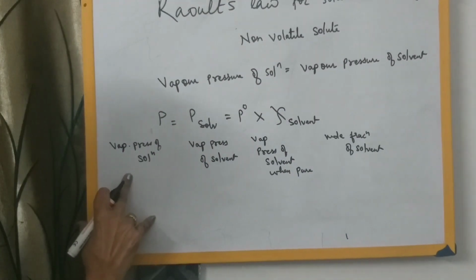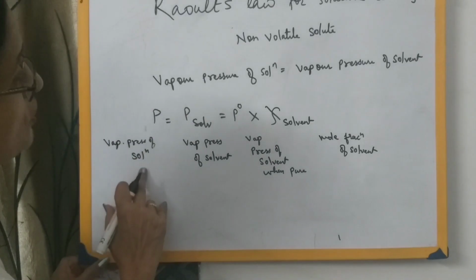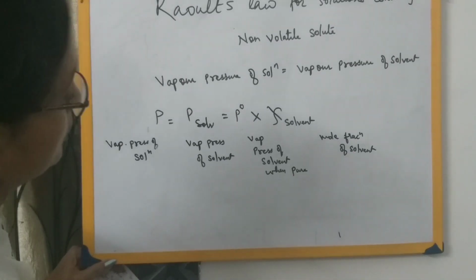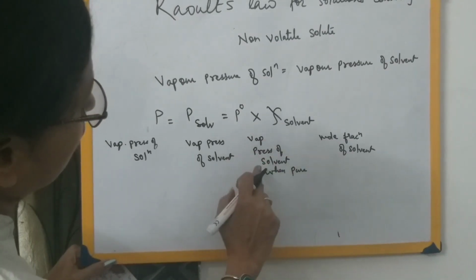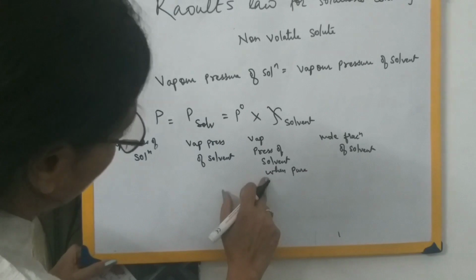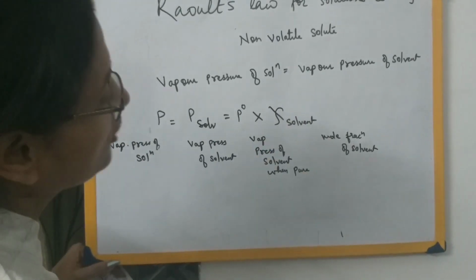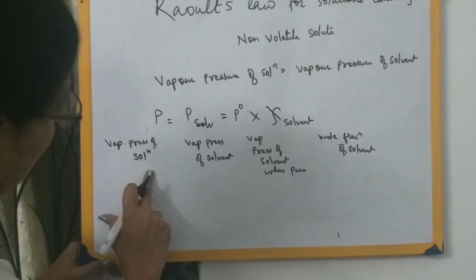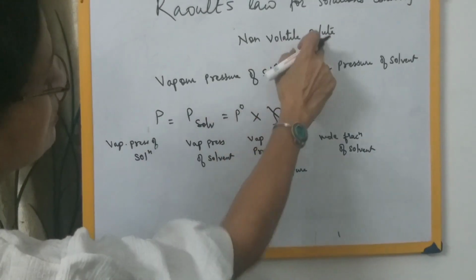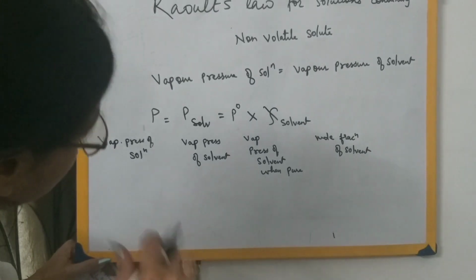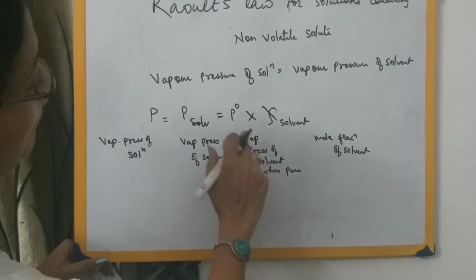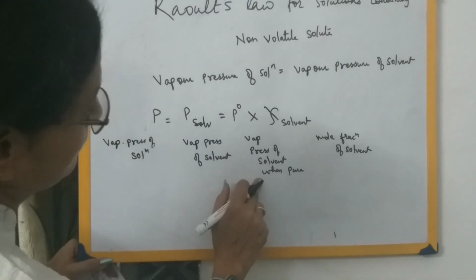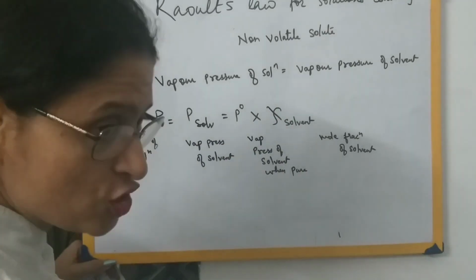So what can we say now? Raoult's law, it can be said that the vapor pressure of a solution containing a non-volatile solute is equal to the product of the vapor pressure of the solvent in the pure state and the mole fraction of the solvent. I repeat once again, the vapor pressure of the solution containing a non-volatile solute is equal to the product of the vapor pressure of the solvent in pure state and the mole fraction of the solvent.